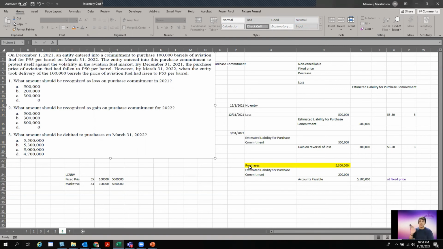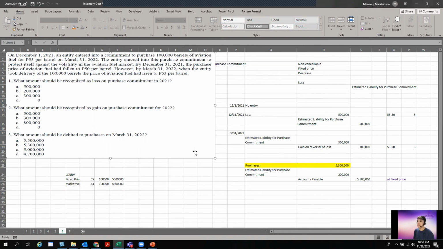So imagine, 55 yung commitment mo, naging 50 yung market price. So meron ka ngayong 5 pesos difference. Now, pagdating ng March 31, 2022, naging 53. So meron kang 55 na commitment pero 53 lang sa market. So paano yung kailangan nating accounting?